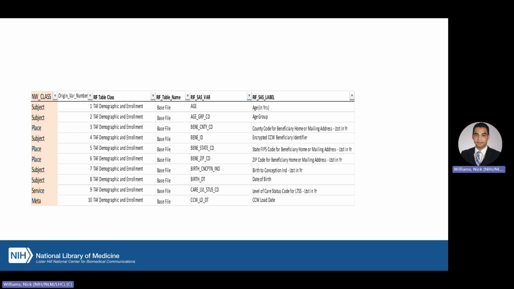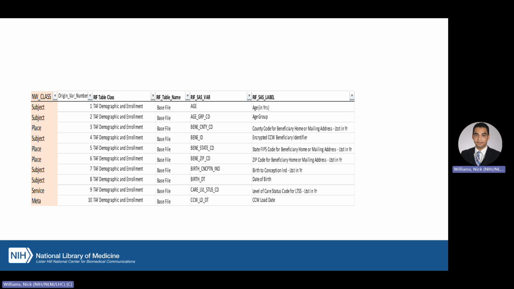Here is a real-world example from an actual data dictionary we annotated like this. This is from the TAF Dictionary. You can see this is from TAF Demographic and Eligibility Enrollment Tables. And you can see that some of these rows were declared under a class. Bear in mind, I actually mapped this. And you can see that age and age group were mapped to subject. It's a fact about a person who's receiving care.